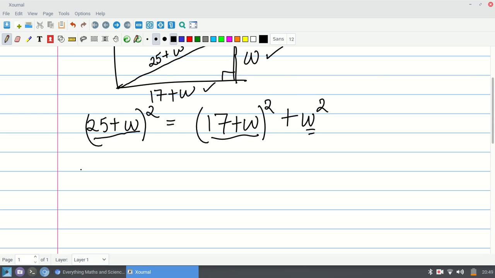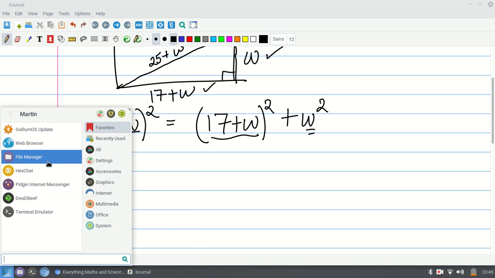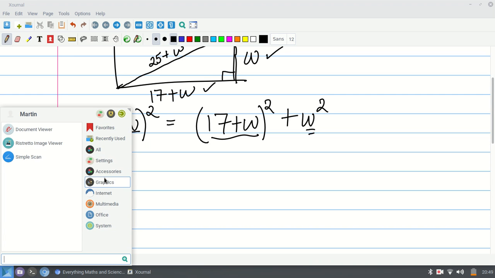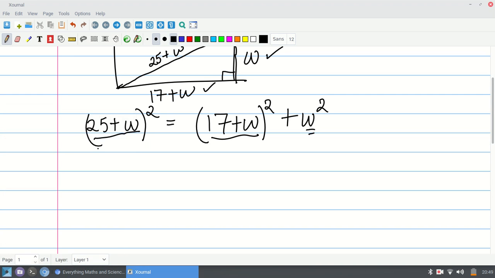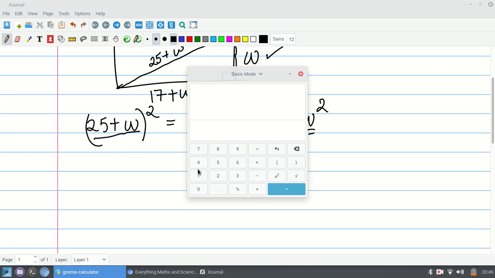So we get the square of 25. I believe that's 625, if I'm not mistaken. Maybe not. This is why it's always handy to have a calculator, even as a tutor. 25 squared, 625. I'm actually correct.